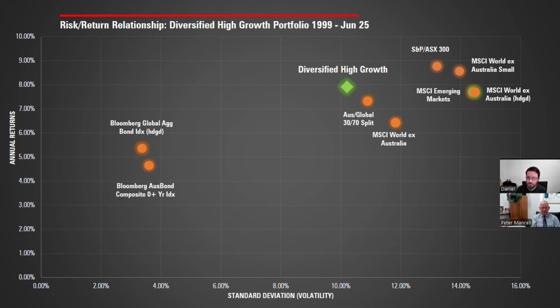And then Harry Markowitz comes along and says, well, hang on, but if we diversify genuinely different asset classes, we'll get lower volatility but still get the returns. And lo and behold, the green diamond is above the two red dots to the right of it, and the other three further to the right of it. I think it's a great reminder that Sharpe's work's still valid, Markowitz's work is still valid, and investors should heed both.